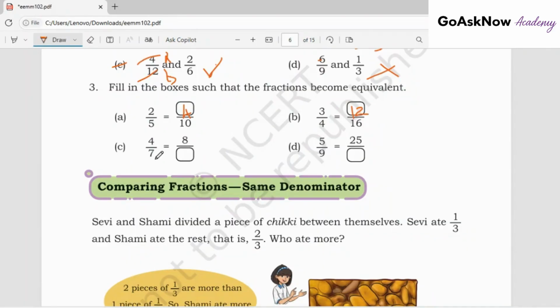Here 3 by 7: 4 into 2 is 8 and 7 into 2 is 14. Okay. 5 into 5 is 25 and 9 into 5 is 45. Here 45 is the answer.